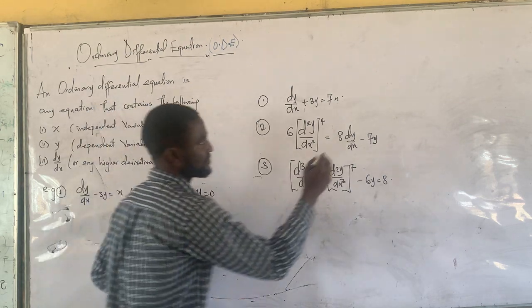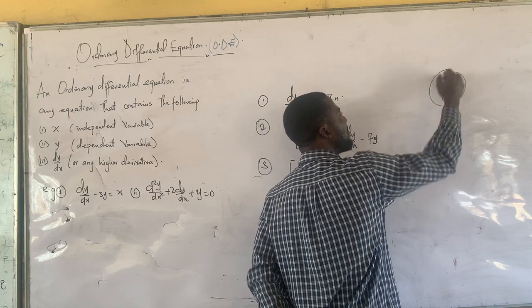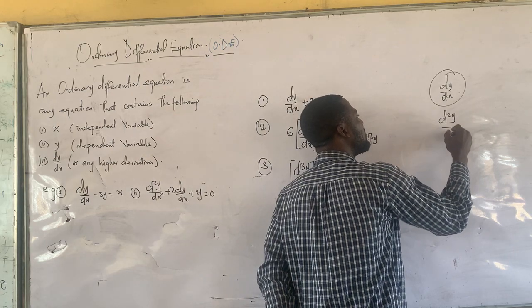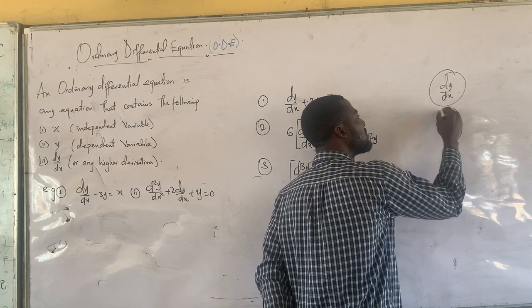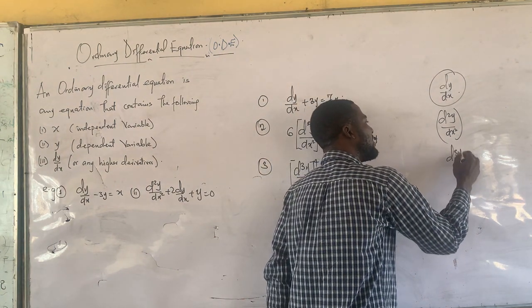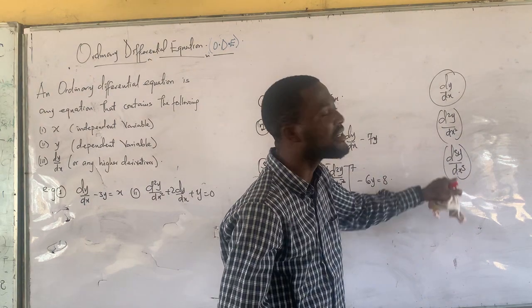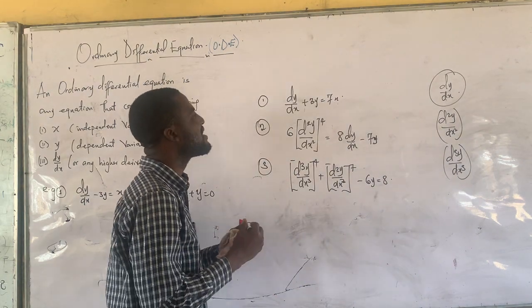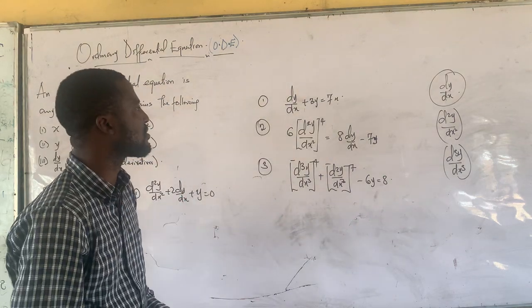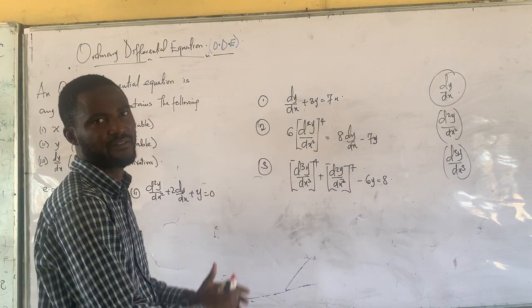If you have dy/dx, that means you have differentiated once. If you have d²y/dx², this means you have differentiated twice. And if you have d³y/dx³, it means you have differentiated three times. So if you are given any differential equation now, the first thing you need to look at is, what is the highest derivative present in that differential equation?